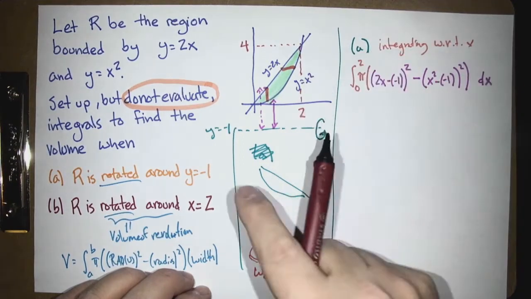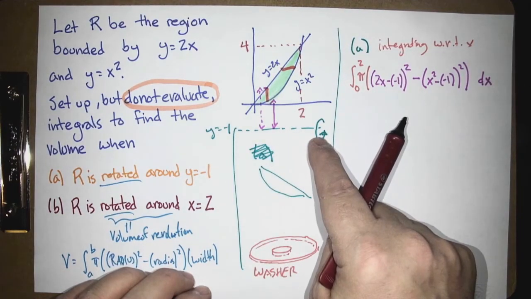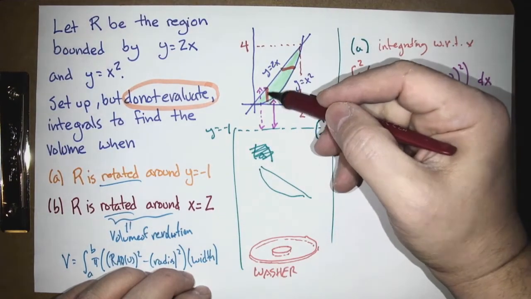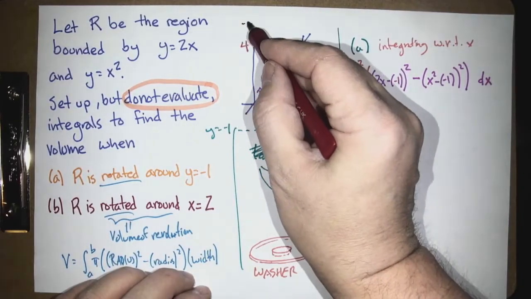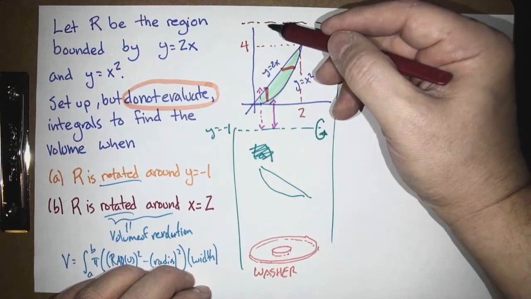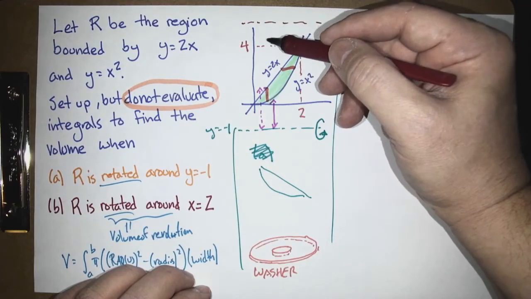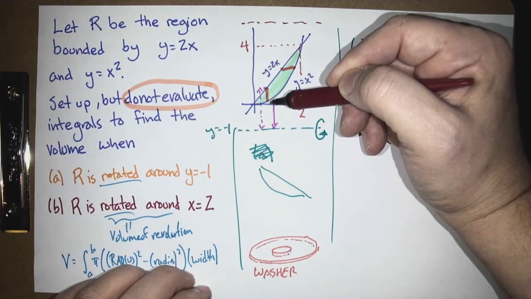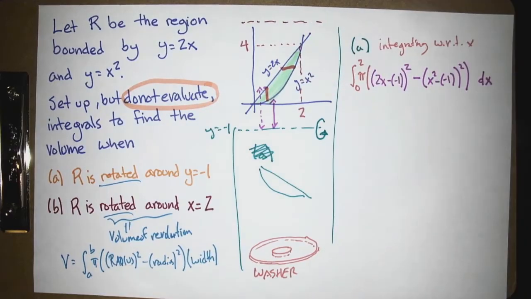I'm spinning around y equals negative 1, so the farther curve is y equals 2x. What if I had spun around y equals 5? Now which one is the far curve? Right, the x squared is the far curve, and the near curve is 2x. So it's in relationship to where you're spinning.